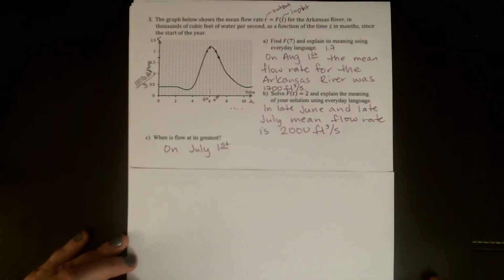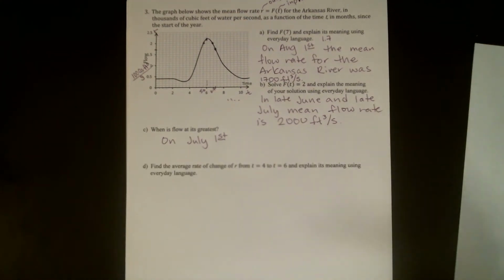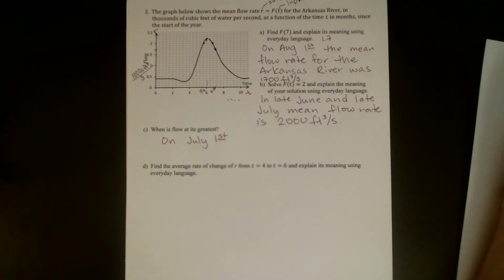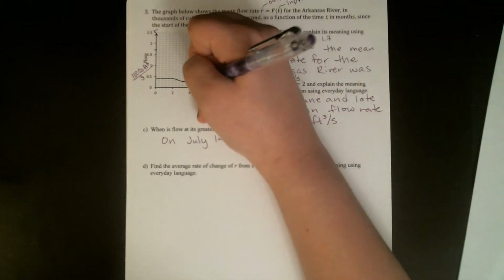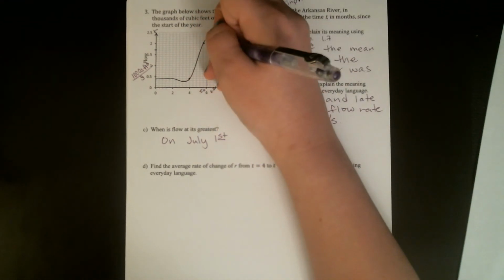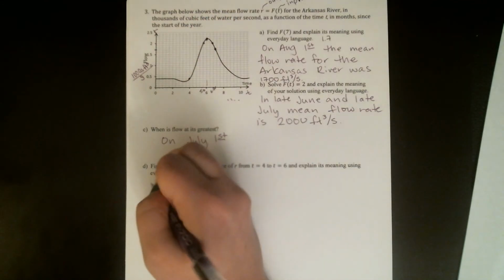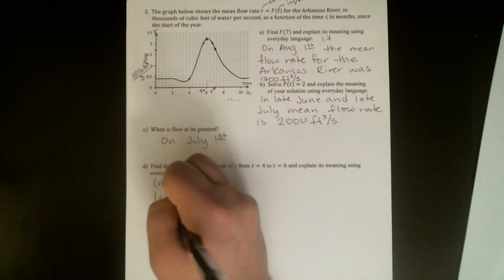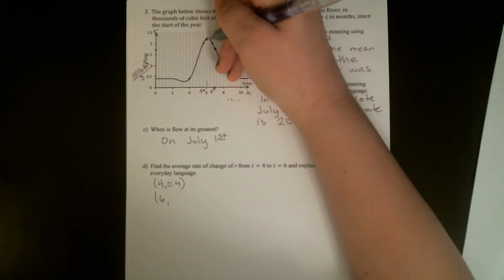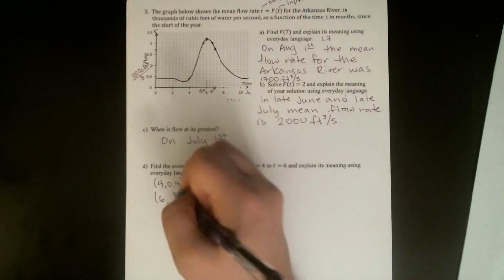Okay, and one more question, an average rate of change. So we're supposed to calculate the average rate of change from t equals 4 to t equals 6 and then explain its meaning using everyday language. All right, so t equals 4 to t equals 6. So this is 0.4 and 2.2.